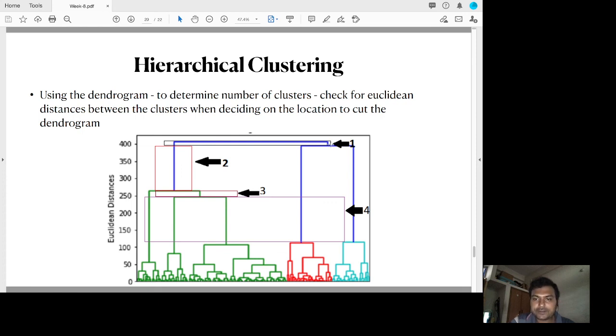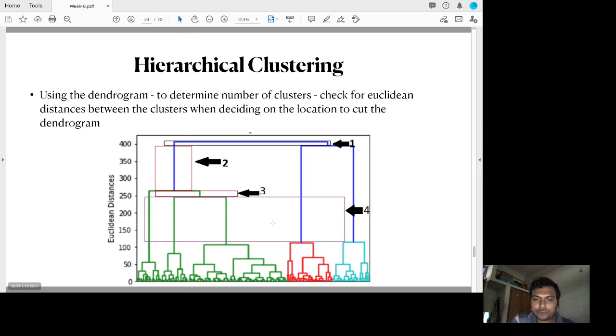Since this height is very low, the two clusters are mostly similar to each other, and that defeats the purpose of the clustering algorithm altogether. There is no point in clustering them. So then you come down to 2. 2 is obviously much better than 1, but of 1, 2, 3 and 4, you can go down further, and 4 will be the highest.